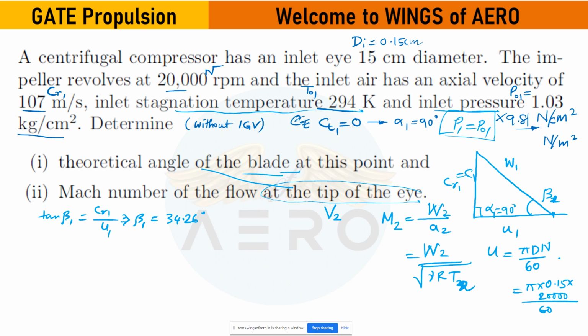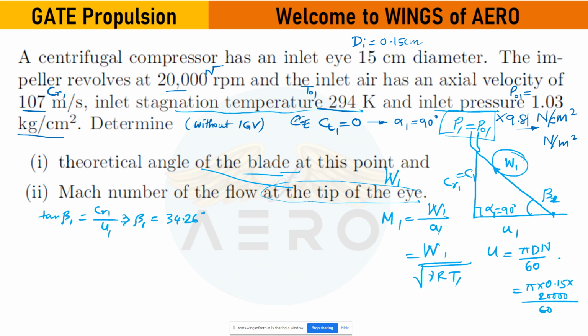That means they're asking what is V1 in terms of Mach number, W1 in terms of Mach number. This is at the tip of the eye when it is entering into the blade. Okay, this is what they are asked to find. Now first you need to find out what is W1.